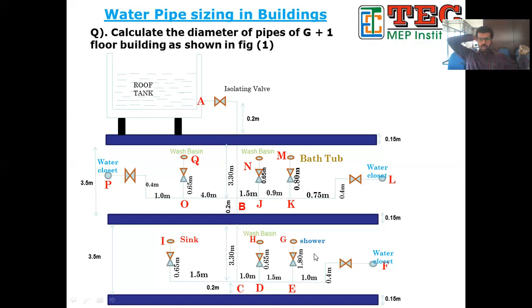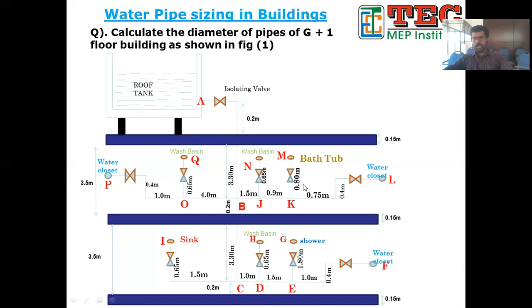What we are trying to do is find the diameter of these pipes. All these pipes: this pipe's diameter will be different from this, and so on. At last, the pipe diameter will be different. This is the main pipe till this much, and these are the branch pipes. And these are the individual pipes going to individual fixtures like water closet and wash basin.